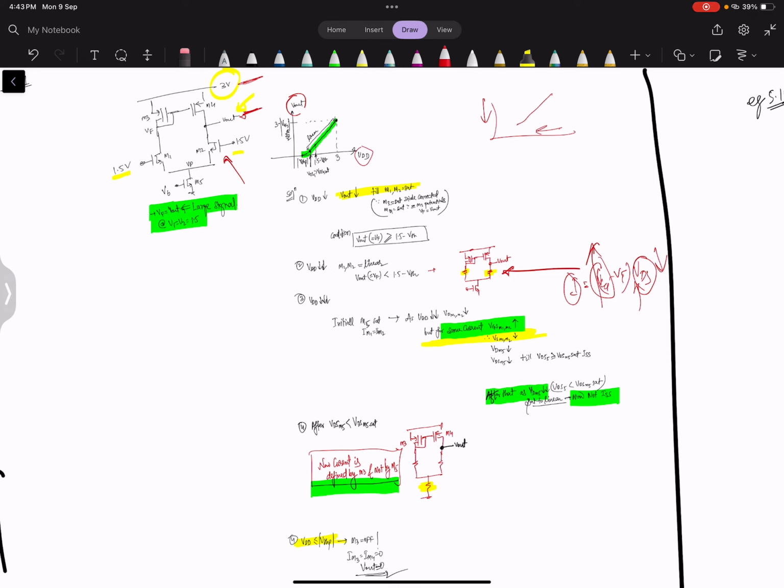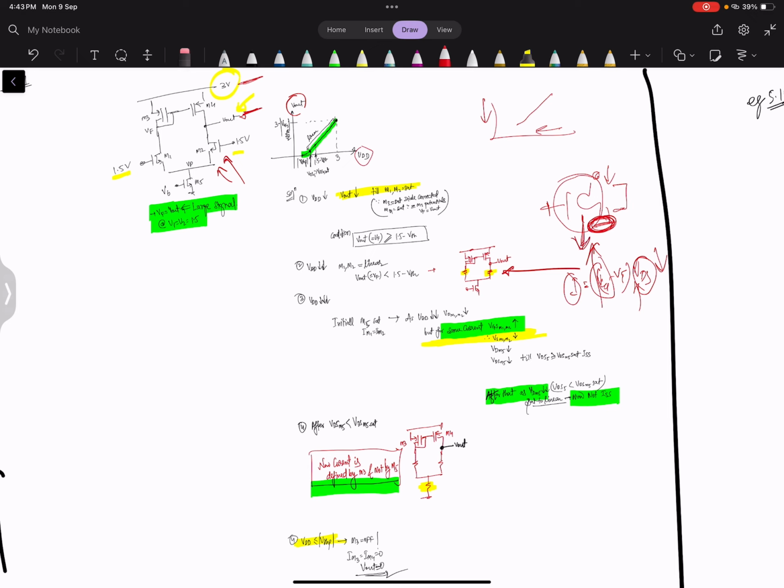So the source voltage will go where? Down, because as this voltage goes down, VDS goes down, but for the same current VGS has to increase. So this source voltage will go more down.